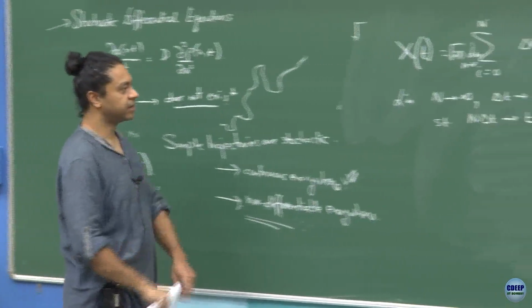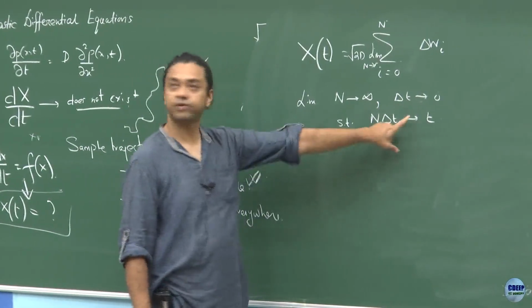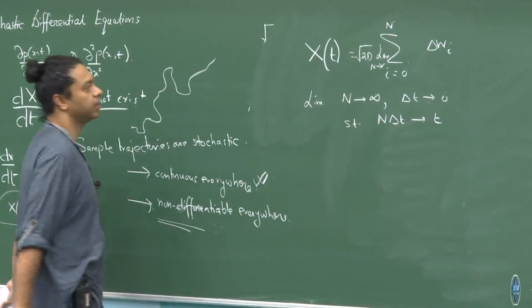This is how I take the continuum limit, my standard way: delta t goes to 0 and n goes to infinity.